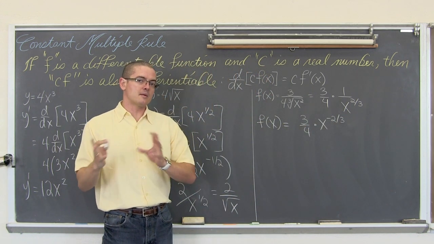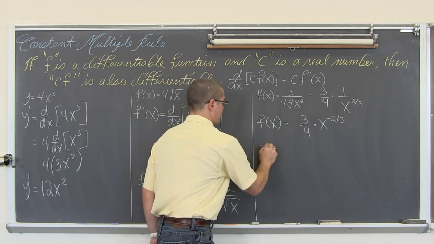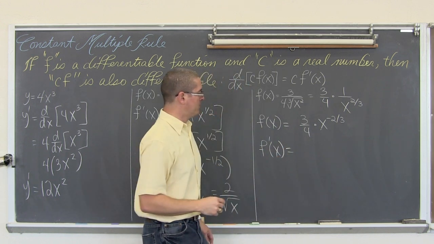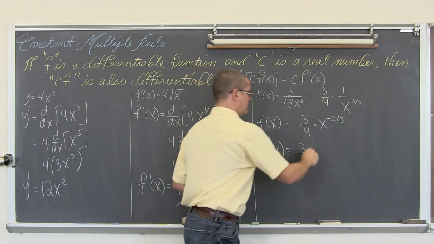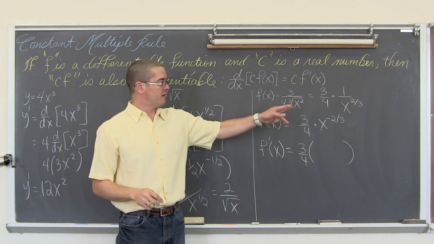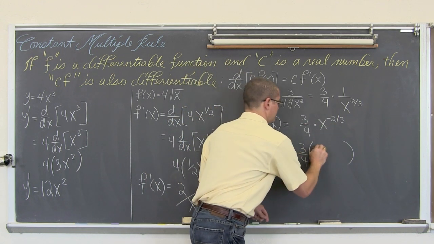And again, I'm doing that separately, so I have the constant, and then I have a base with a power on it. So f prime of x is equal to 3/4 times, now let's go ahead and shorten this notation up a little bit. We're going to take the derivative of x to the negative 2/3 power. So I'm going to bring the negative 2/3 out.